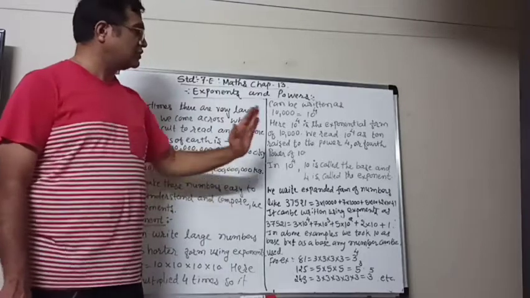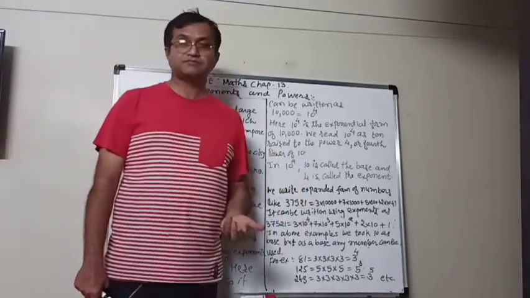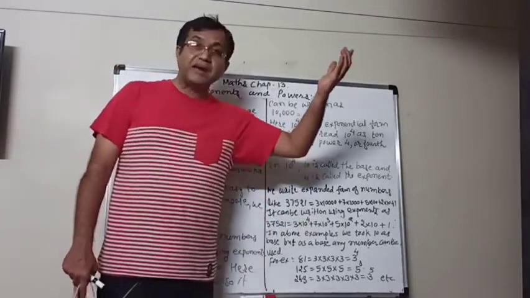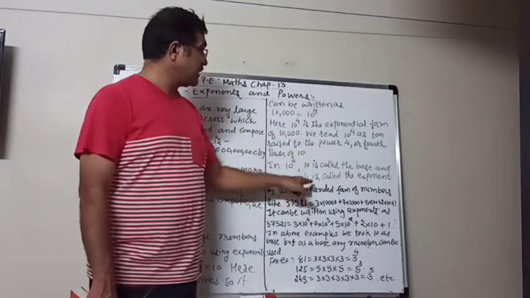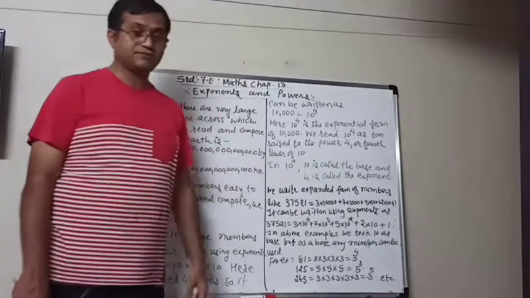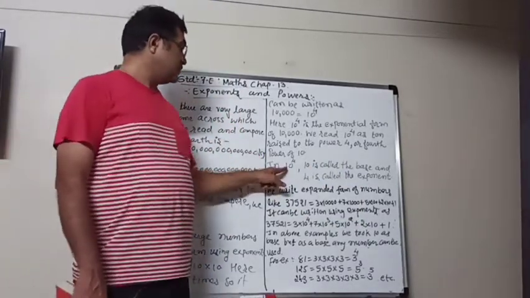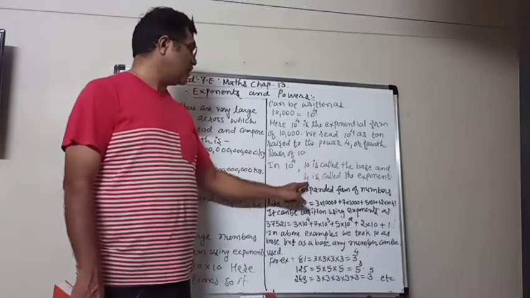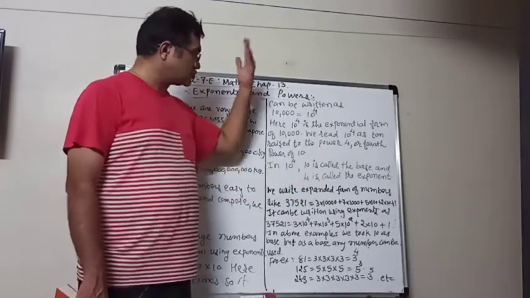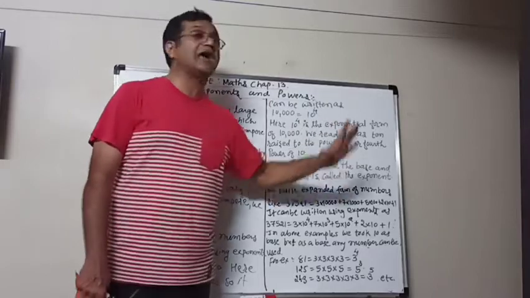Whatever number is repeating is known as the base, and how many times it is repeating, that number we write on the top. That is called the exponent. So in 10 raised to 4, 10 is called the base and 4 written on the top is called the exponent.